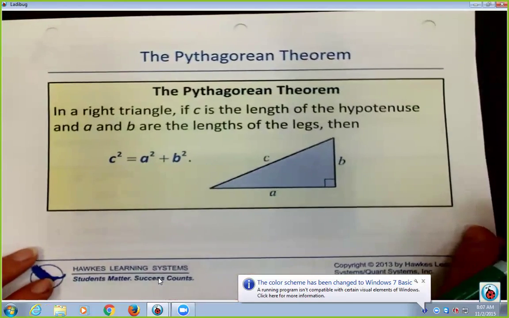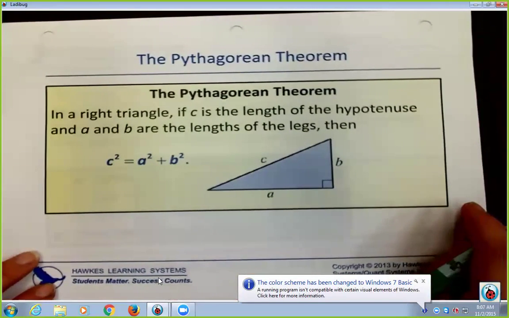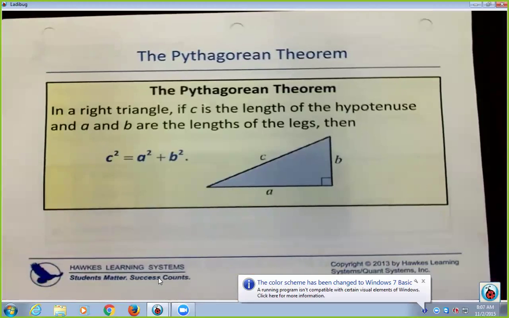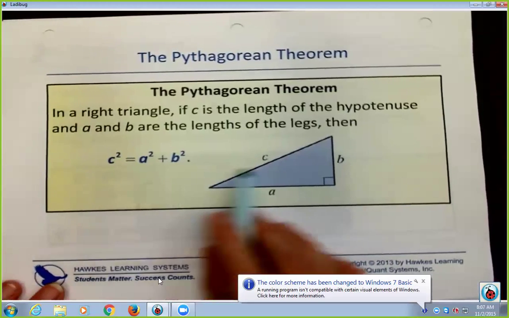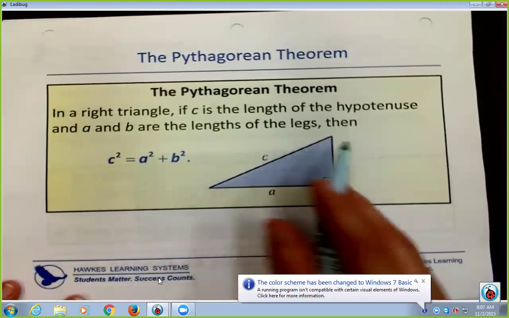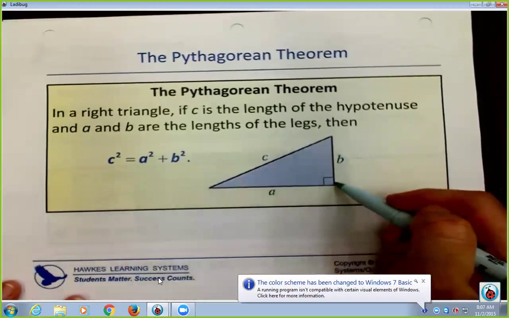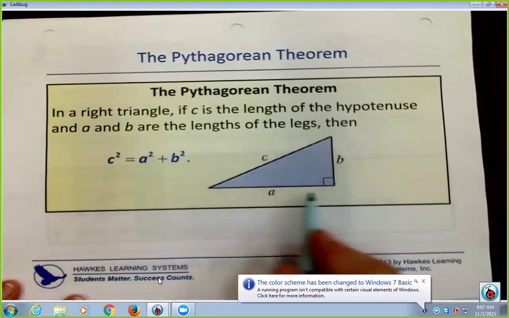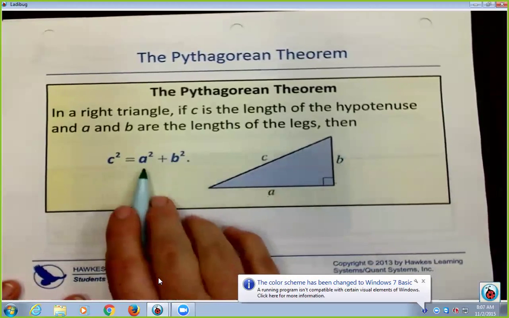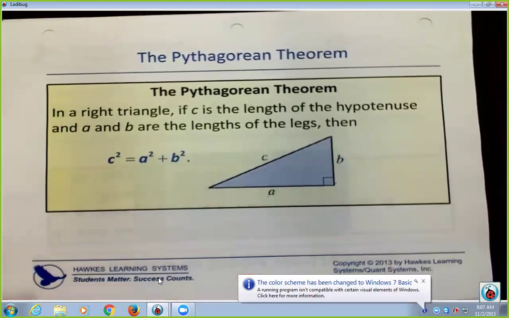So we've got the Pythagorean Theorem is one of the processes that we use because we get squares out of all of this. So the Pythagorean Theorem is basically stating a leg squared, or b squared plus a squared, is going to equal my hypotenuse squared.